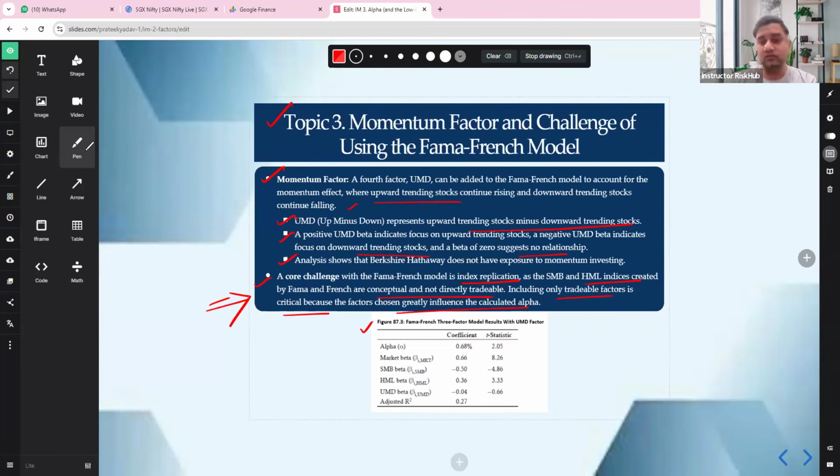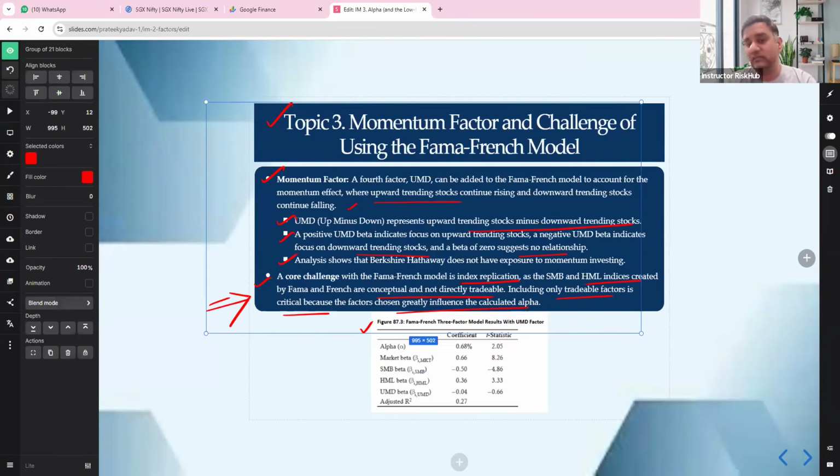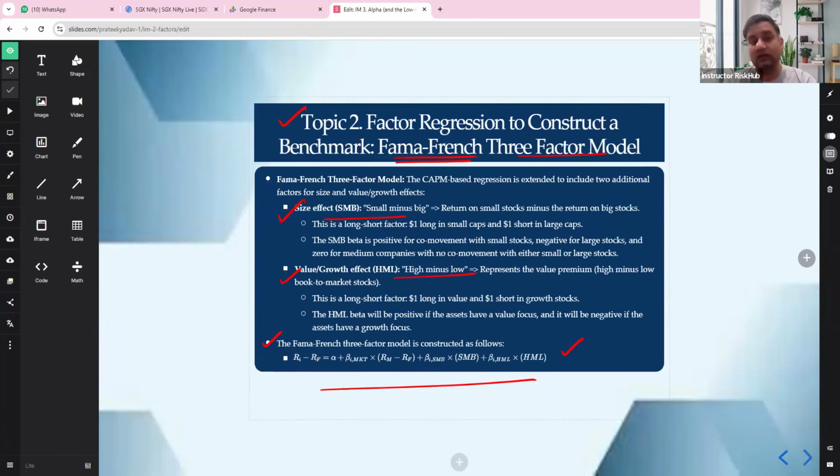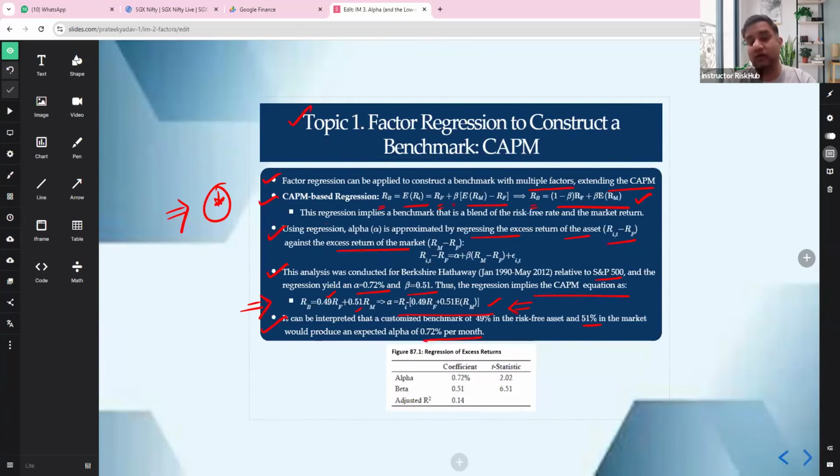So overall, if you see the previous three topics, all of them had results in different ways. This is about your momentum factor and the challenges of using Fama-French. Earlier one was about Fama-French. Before that, I understood CAPM. So in three ways, we saw different ways of constructing your benchmark, and different ways of calculating your alpha also.